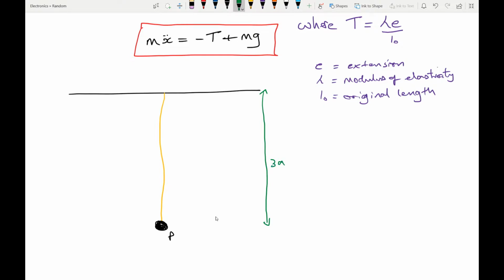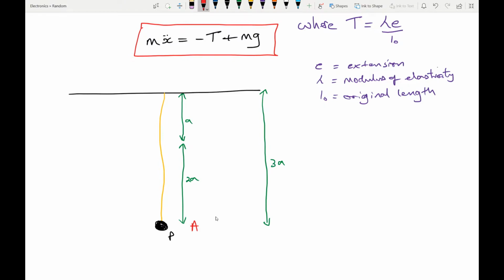The original length of the spring is a, such that the distance between the original length and point A is going to be 2a. So that's going to be point A.